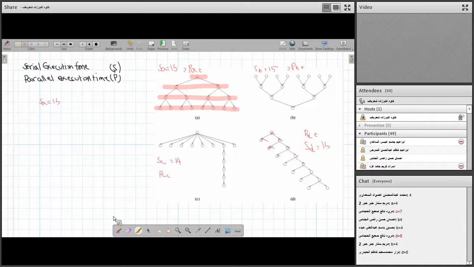We have an infinite number of processes, therefore we can execute this DFG in just 4 steps. In the first step 1 process is needed, and in the second, third, and fourth steps we require 2, 4, and 8 processes respectively. Therefore, PA equals 4.